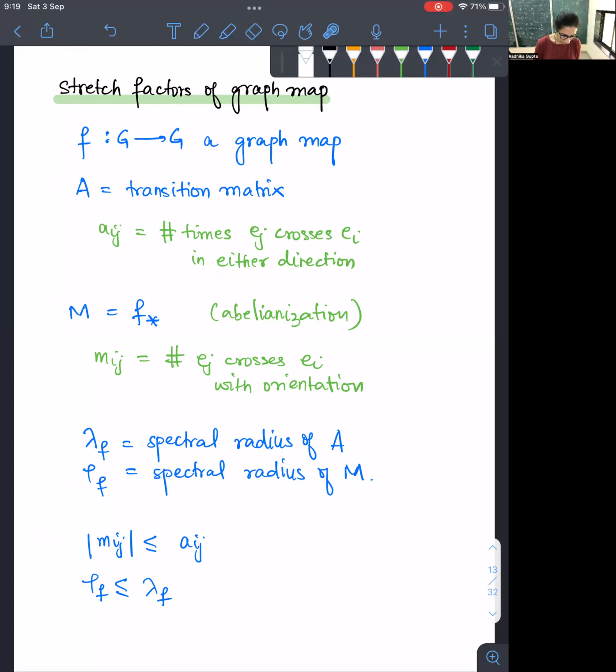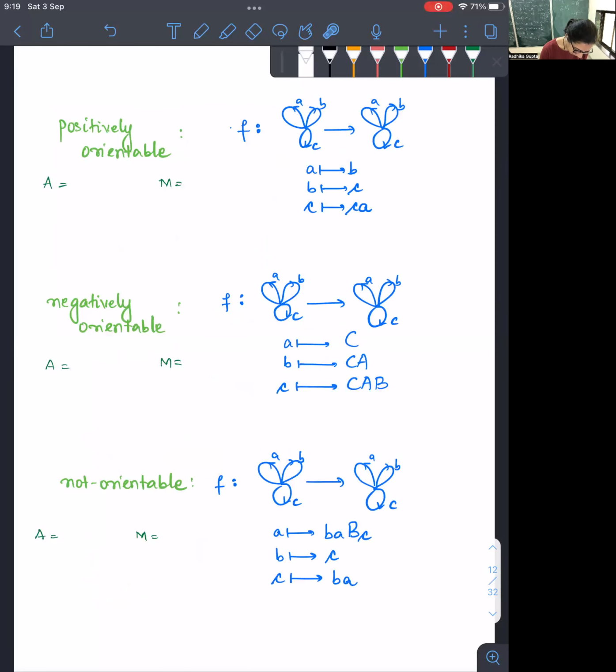So let's simultaneously do an example. So here, if I write the transition matrix A, so A crosses B, B crosses C, and C crosses A and C. And here I have A crosses C, so I don't care about in which direction it's crossing. I'm just going to count how many times it crosses.